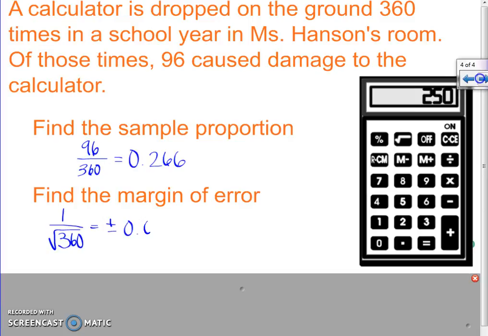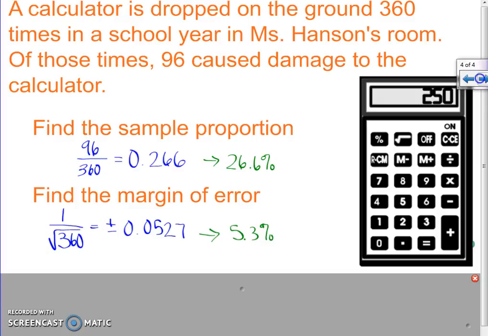Right, 0.0527. Okay, so let's think about both of these in terms of percents. So this right here, 26.6%, and this is 5.3%.